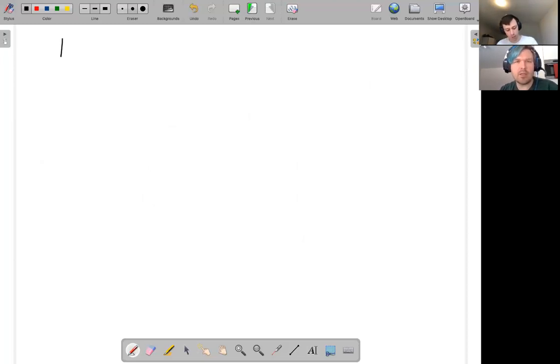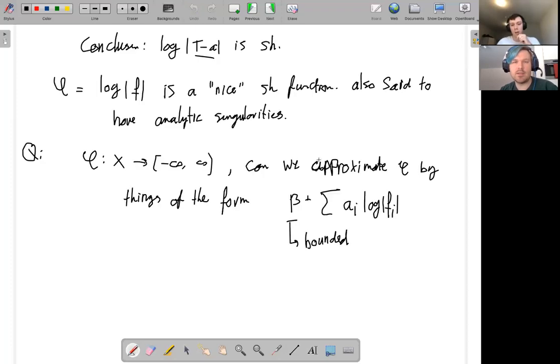I have a question. You want to approximate by things of the form bounded plus sum or maximum? I think a sum. Okay. But in our case, let me see. Yeah, I think it's a sum.